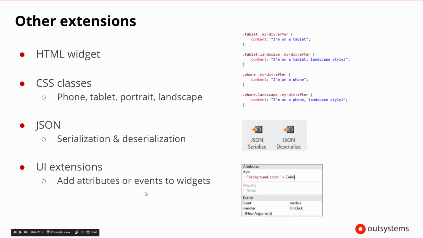So on any given type of component, we can add attributes or events to the widgets that are there. So we can get down to the attributes area and add things to them, and then they also can have events. So if we have something like an icon and we want to go ahead and add an on-click event to that icon, we can do that and then define which handler will be doing the work.